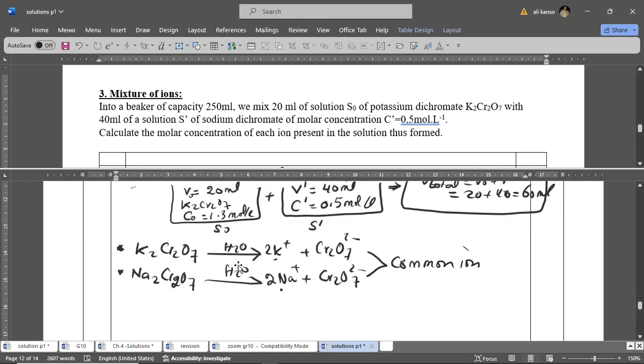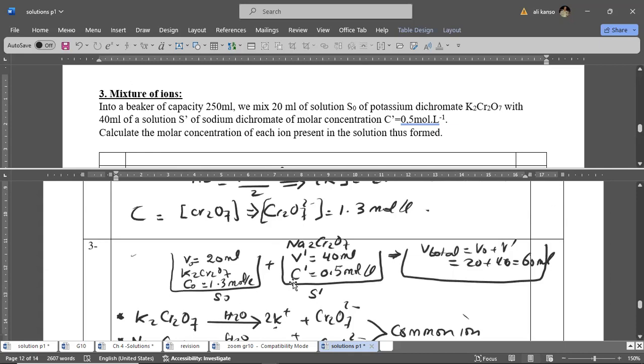First of all, you have to calculate the concentration of each. To do that, calculate the number of moles of each: K plus, Na plus, Cr2O7 from the first compound and Cr2O7 from the second compound. Then divide the number of moles by the new volume, and you find the result.